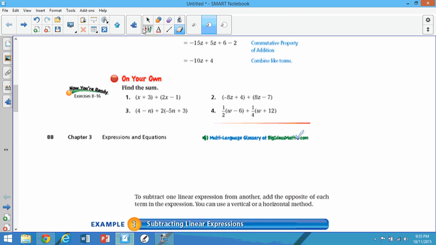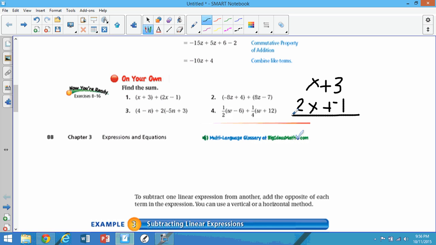Okay, number 1. Number 1 is x plus 3 plus 2x minus 1. So I'm going to do the vertical method. x plus 3 is on top, and then I have 2x minus 1. So that's 2x, and I'm going to turn that minus into plus a negative 1, the additive inverse.